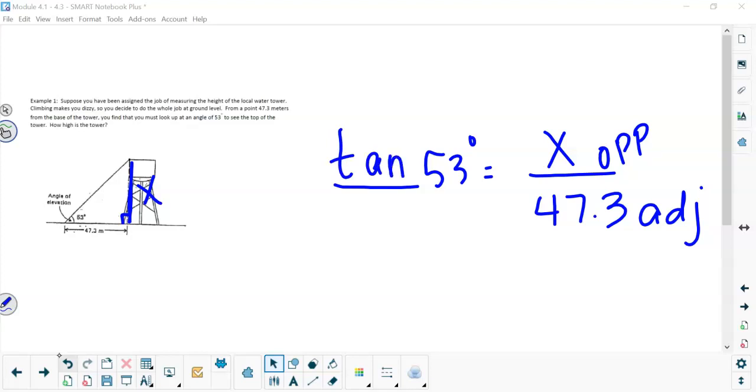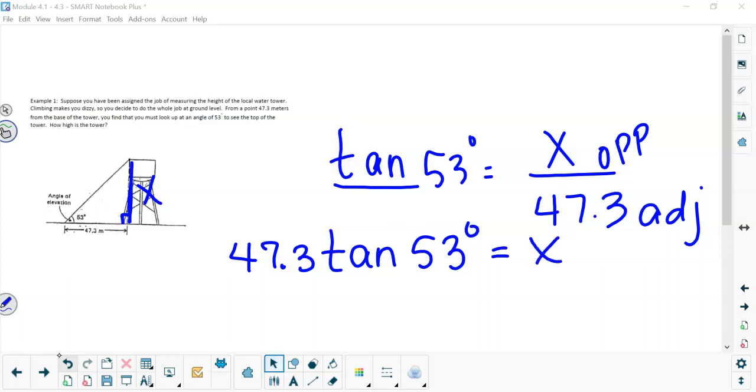Okay, look. Y'all are in pre-cal. You should totally be able to handle equations with fractions. That just should be easy for you. So, if you have a fraction, how do you get rid of the fraction bar? Multiply by what's underneath. Let's multiply both sides by what's underneath. X is by itself.